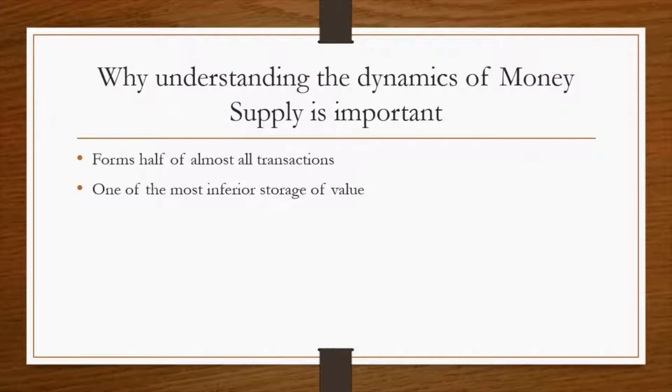But people also consider money as a storage of value. Unfortunately, money in the short term is an okay storage of value, but in the medium to long term, it is one of the most inferior storage of values. And we'll see this later how.